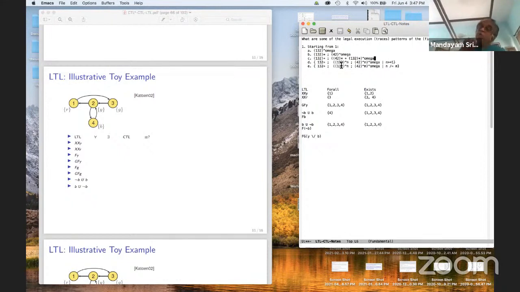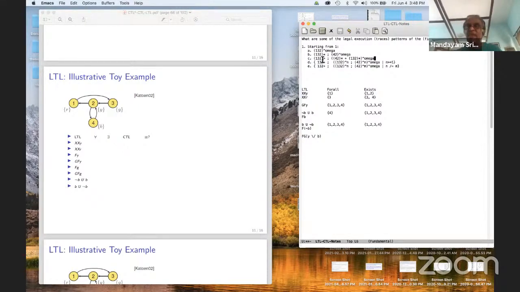So I want you to appreciate that I have not defined acceptance because I have not discussed automata as a property specification language. But when we say that these things are not possible even in logic, that is all I'm saying.